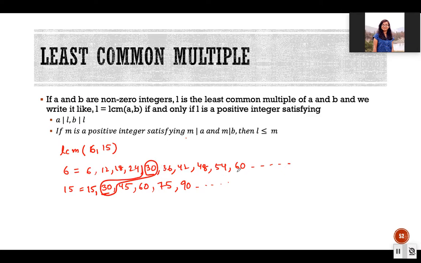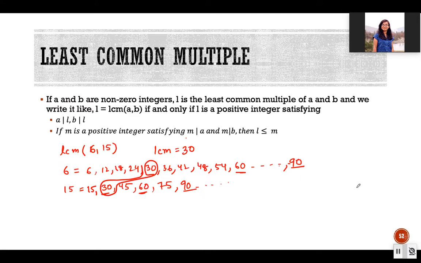There are other common multiples also, like 60 and 90, but all other common multiples are going to be greater than this LCM value. So here the least common multiple is 30.